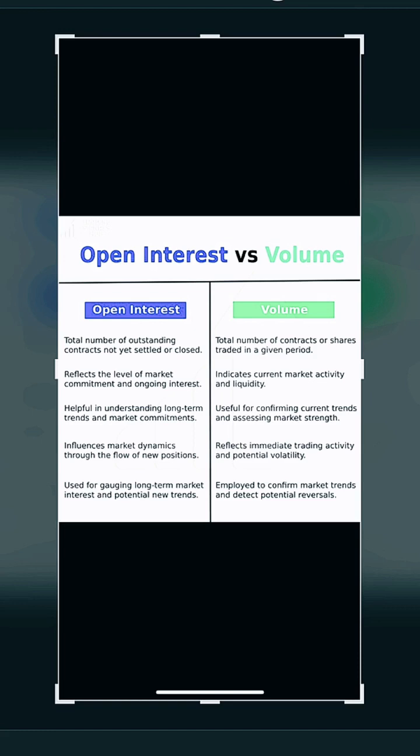Okay. Open interest versus volume. You can look at implied volatility, you can look at the Greeks, but if you see a high IV, that means they are expecting a lot of volatility. If you see a lot of open interest, that means a lot of people are interested in it. It's self-explanatory.